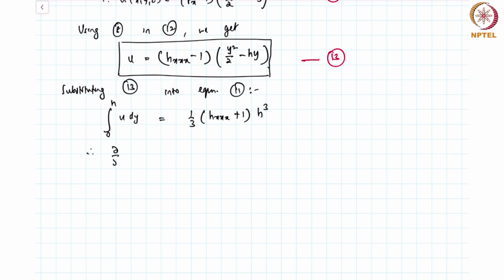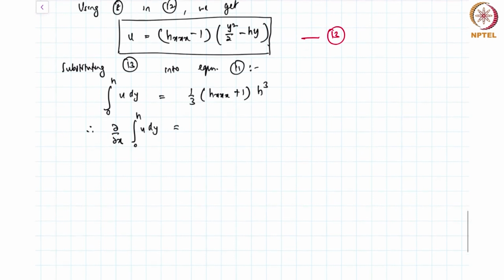Therefore, del by del x of the integral 0 to h of u dy will simply be, sorry, not half, it's 1 by 3, del by del x of (h_xxx h cube) plus h square times h_x. This is what we have.